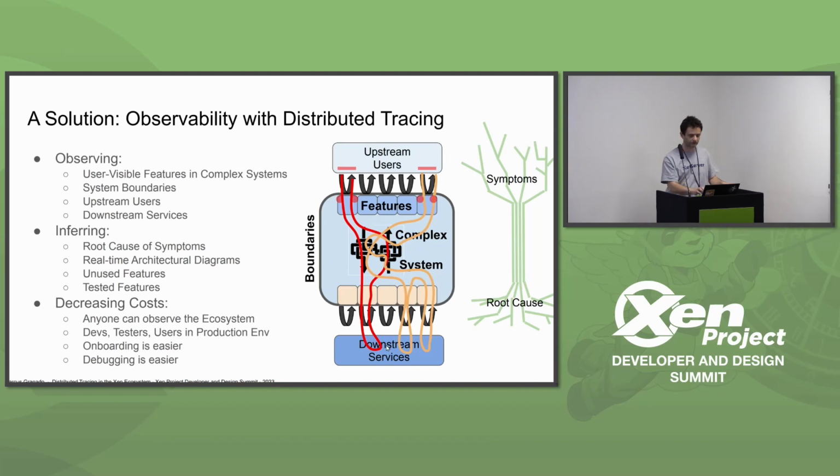Having a well-defined boundary allows you to see if the activity you're observing is responsible for delays or problems in this complex system because of your component, which you care about because you'd like to fix it, or because of something else that the system depends on.